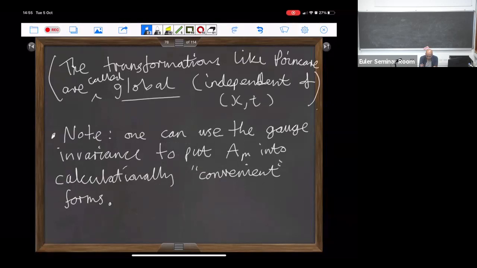Now, this symmetry is often used to solve problems involving gauge fields by putting A mu into, let's say, calculationally convenient forms. And we'll probably see an example of that, if not later on, then next time.